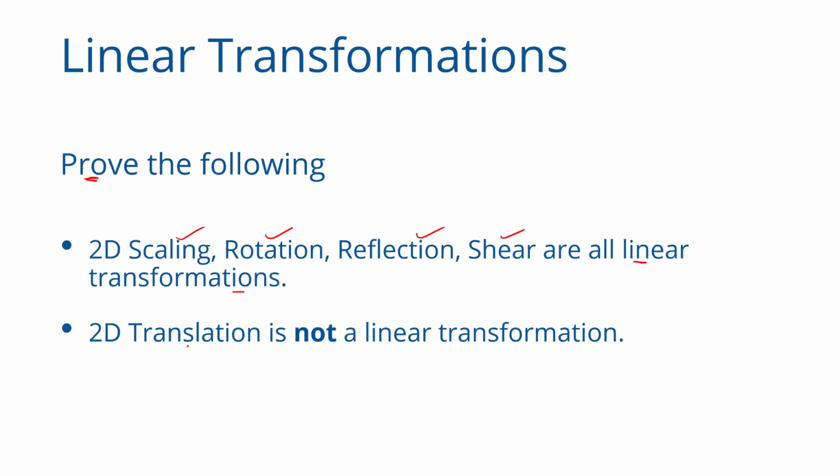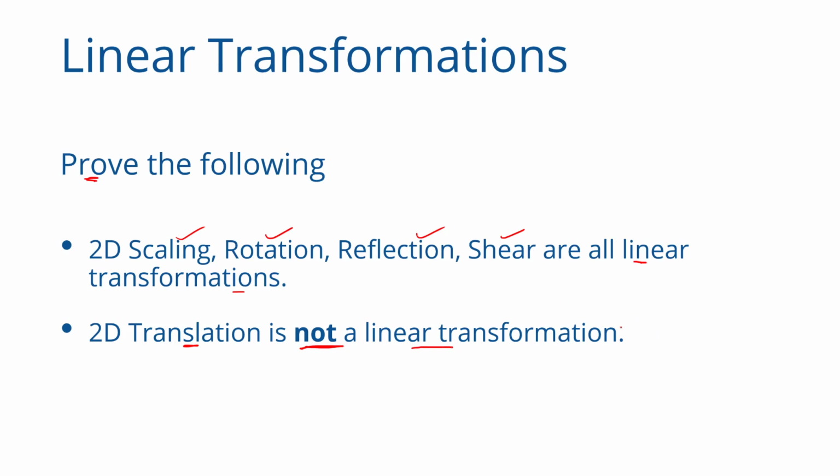And then I want you to show that translation is not a linear transformation. If you apply a transformation by adding an offset vector, and that is the map that the translation transformation does, that it adds an offset tx, ty to any point in 2D, then that operation does not form a linear map.